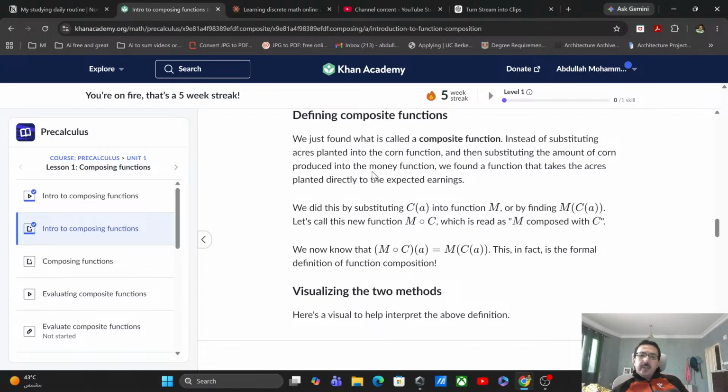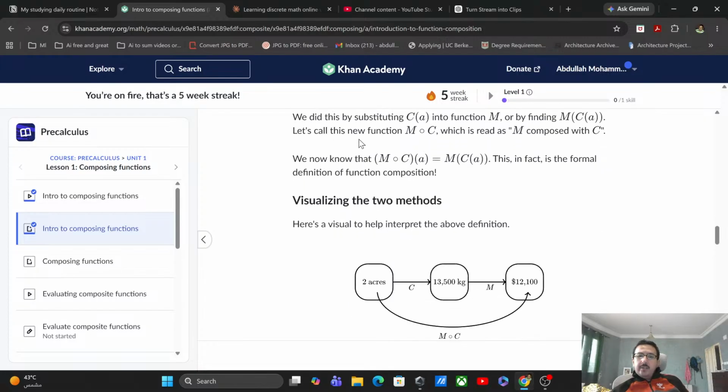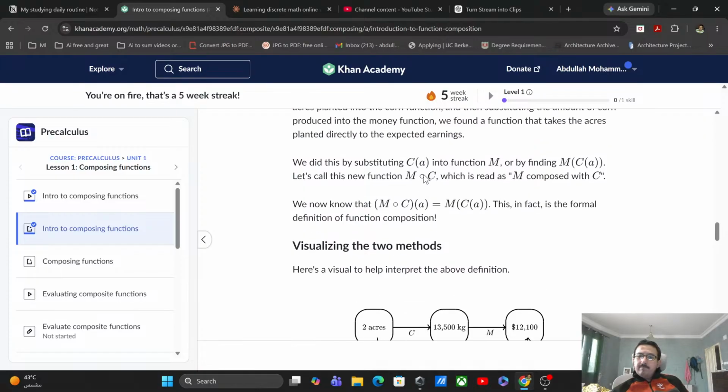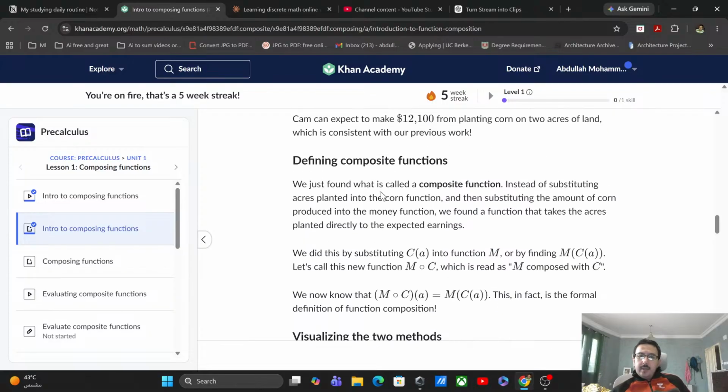Instead of substituting acres planted into the corn function and then substituting the amount of corn produced into the money function, we found a function that takes the acres planted directly to the expected earnings.